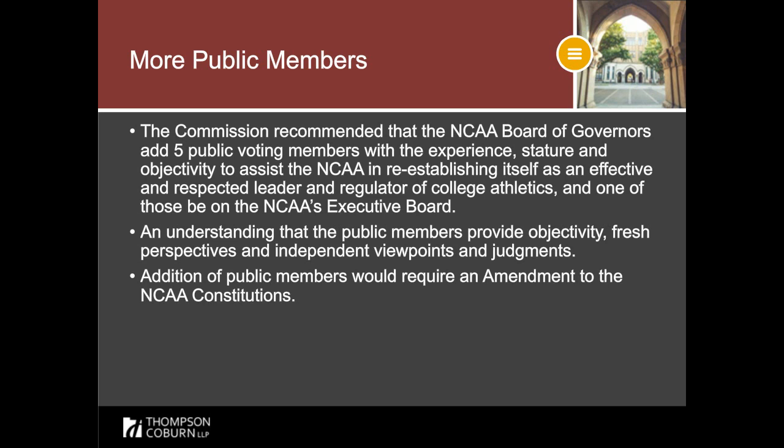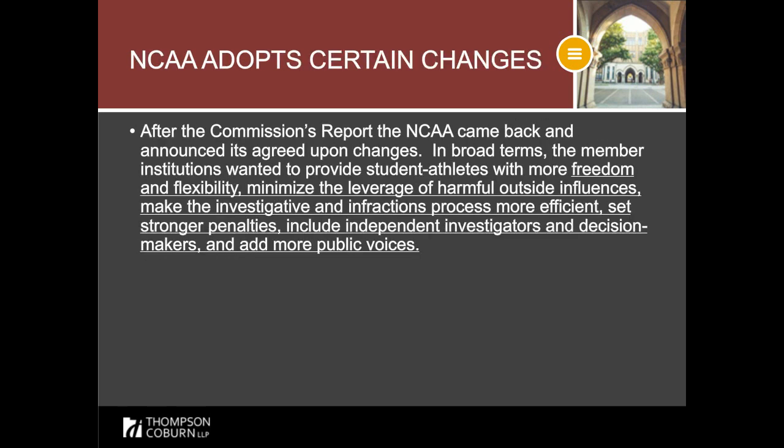After the report came in, the NCAA at its April 2018 meeting decided they were going to adopt certain of the recommendations. So the report came back, and the NCAA announced that it agreed upon these changes.